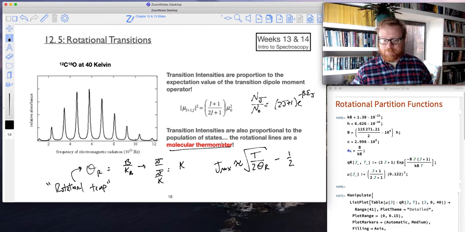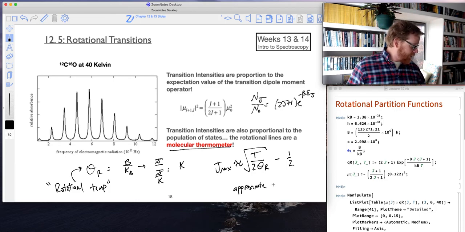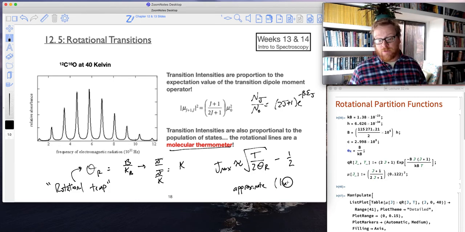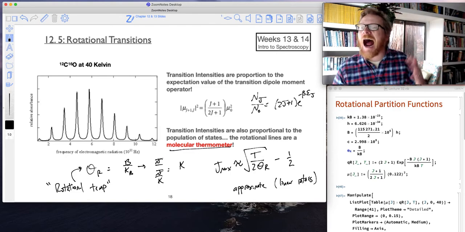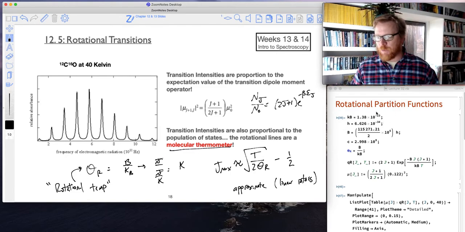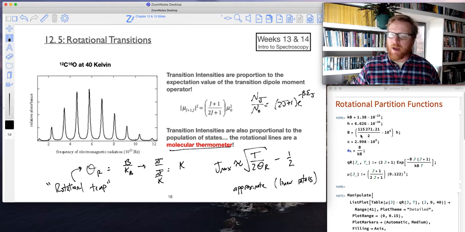Now this equation is approximate and really only works best for, one, linear rotors, and two, at higher temperatures. I'm going to demonstrate that with my Mathematica file here on rotational partition functions.